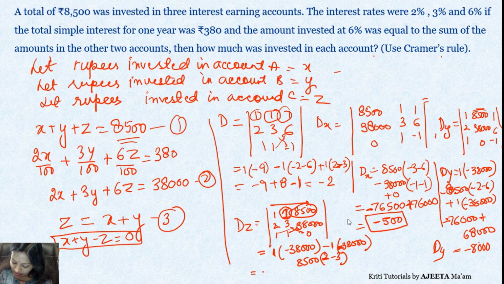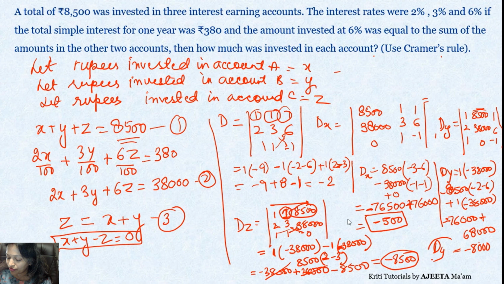Now minus 38,000 plus 38,000 minus 8,500. So plus minus cancels out. So it's a simple number, minus 8,500. So these are the values of dz, dy and dx respectively: minus 8,500, minus 8,000 and minus 500.